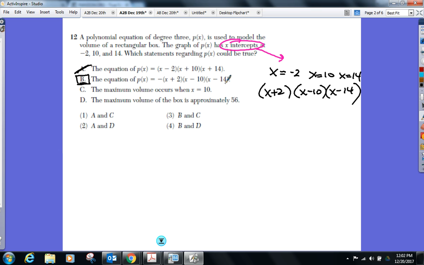How are we going to find out? That's why you got your calculators out. Okay, everyone go ahead to your y equals screen. Plug in the equation from the answer. Negative x plus 2, x minus 10, and x minus 14. And I'll do the same.